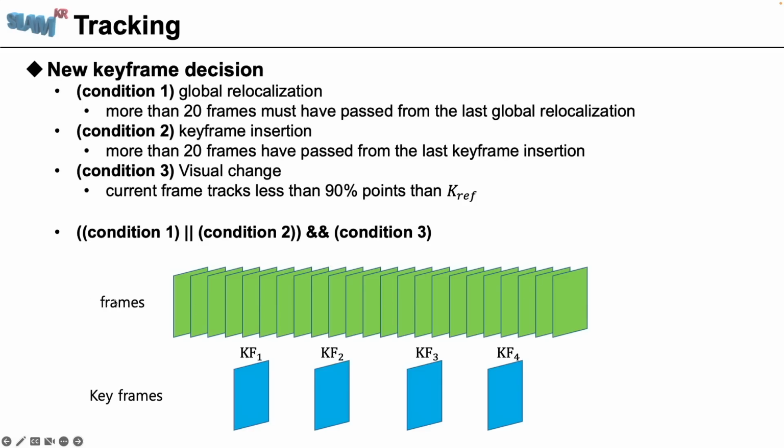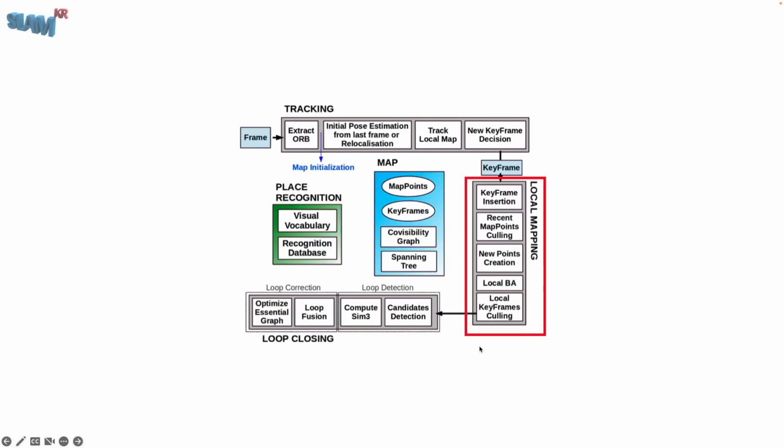Over here, the general frames are represented by green rectangles, and keyframes are the subset of very representative or distinctive frames among them. So that's it, and back to the flowchart.